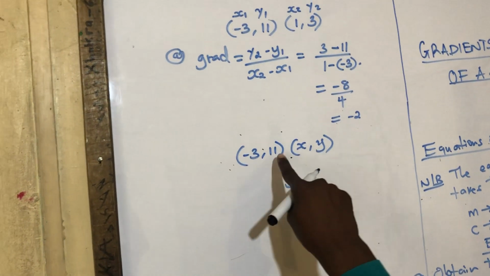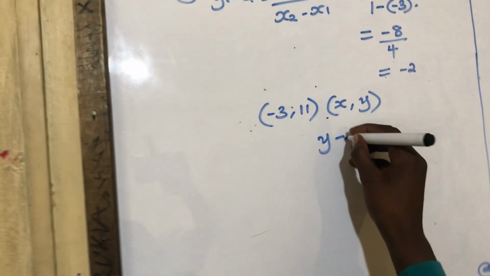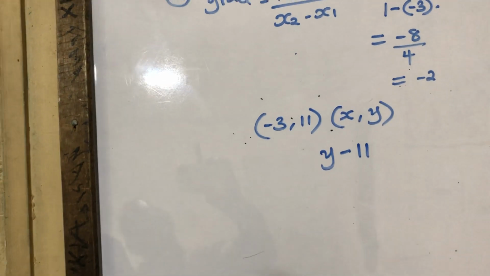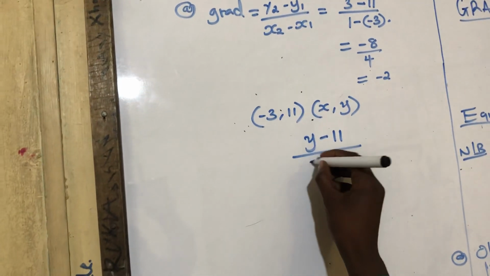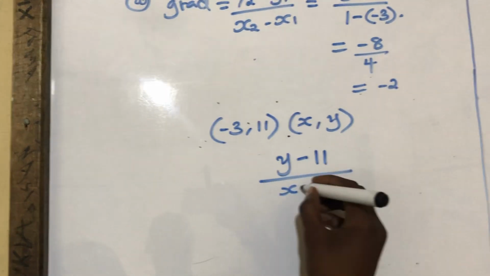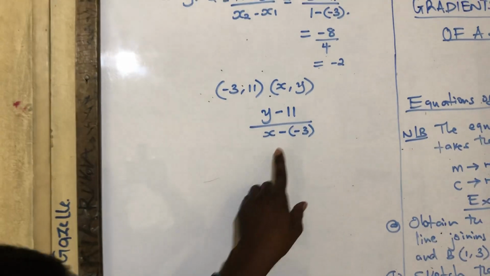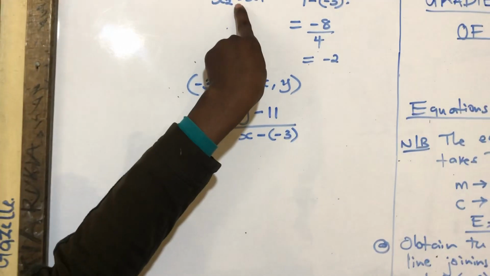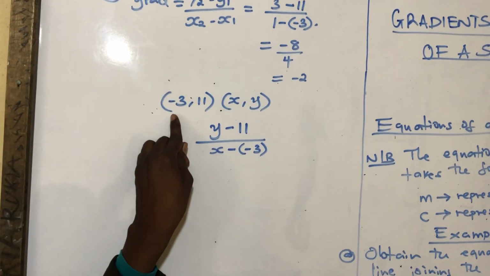y2 minus y1. That will be y minus 11. Which I'll put over our x2, in this case x, and our x1 is -3. But because I'll be having two negatives, that will then become a positive. So the first negative is for the formula. This other negative is coming along with the x1.